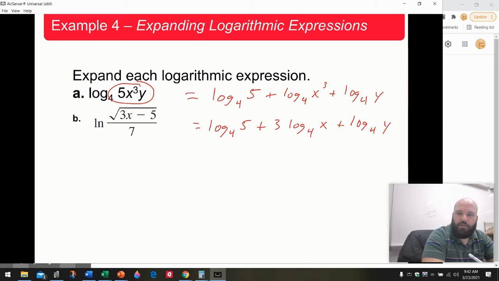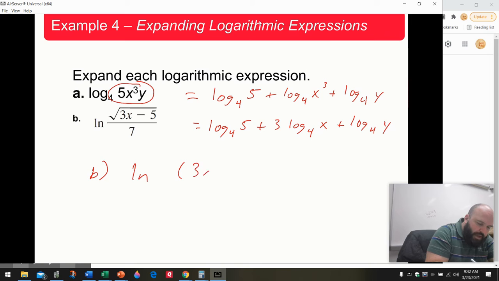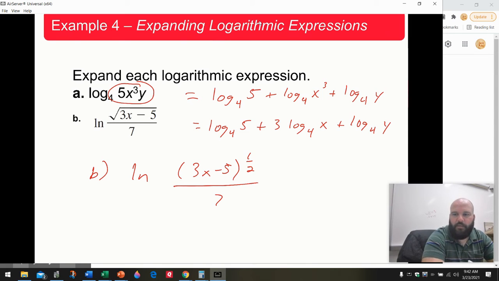So in this particular example, we do have a square root of 3x minus 5. So I will rewrite this, here's part B, into natural log of 3x minus 5 in the quantity to the 1/2 power, and all of that is divided by 7. And you'll see why here in a second we want that written as a power instead of a square root.